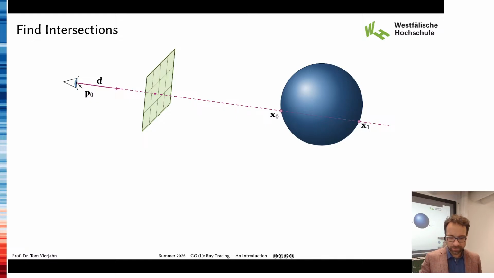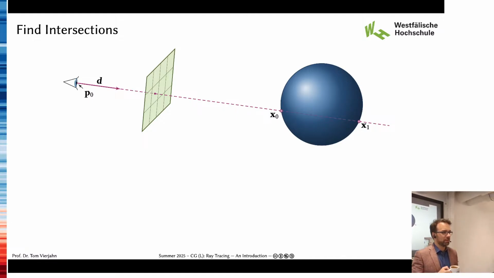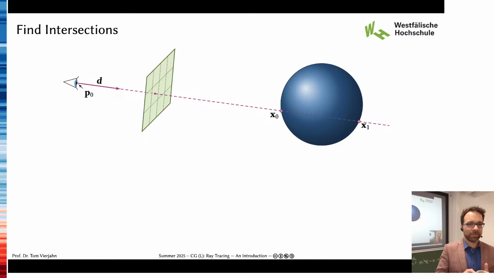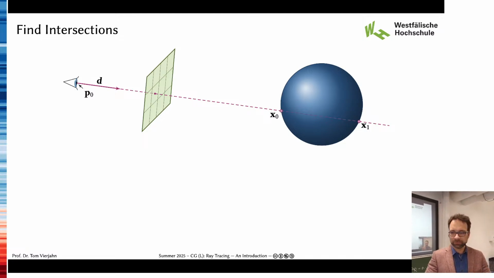And although this is computer graphics in the 4th semester of your undergraduate course, it is pretty straightforward what you're doing here. What is a ray? Well, yes, R of t equals P0 plus t D, but what is that?